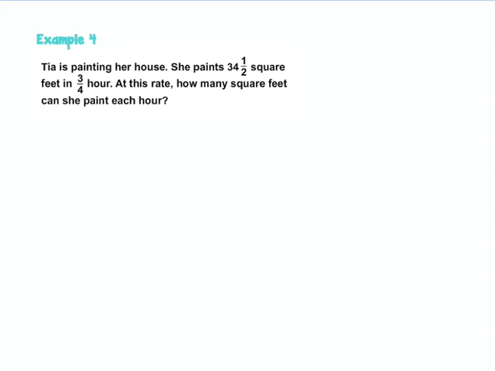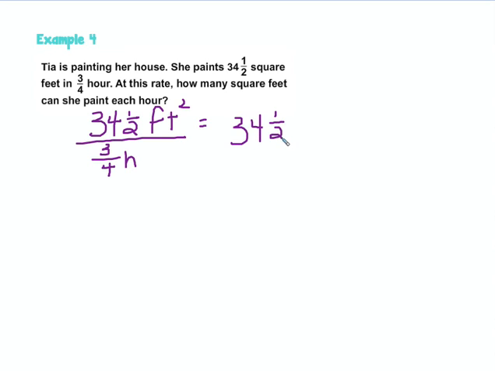We have 34.5 feet squared over 3/4 of an hour. So remember, we have to write that as a division problem. So we have 34 and 1/2 divided by 3/4.